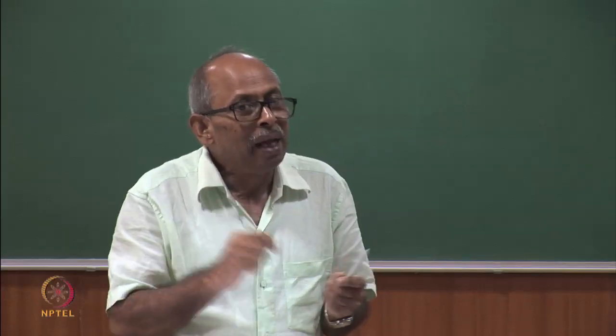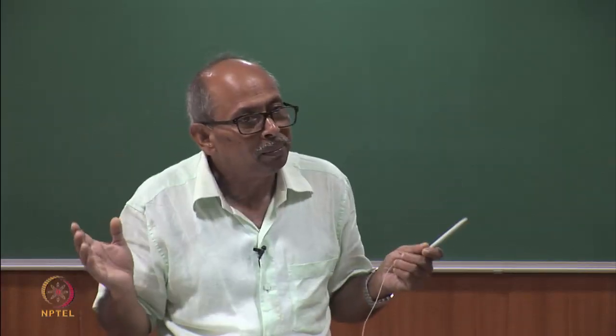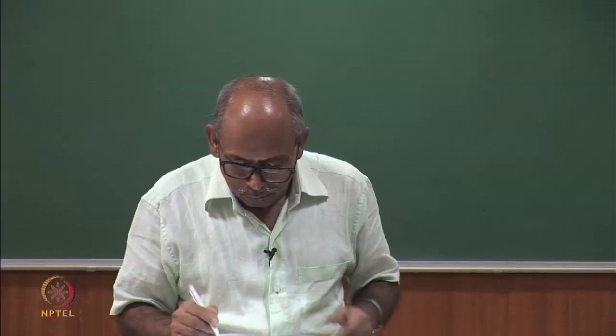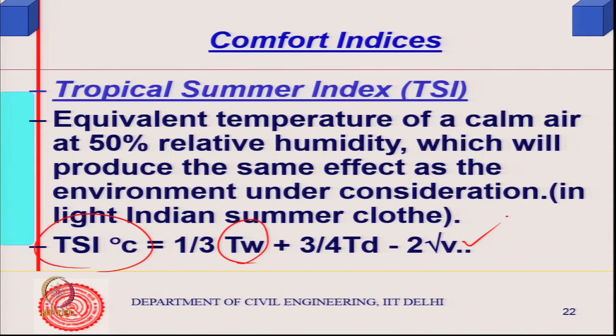That becomes TSI. Now you get TSI for a large number of people, and fit that to the velocity inside the actual room, not the control room, the dry bulb temperature and the wet bulb temperature. The equation was a little more elaborate, with V minus 2 or some such thing under root, but the simplified form is easy to remember.